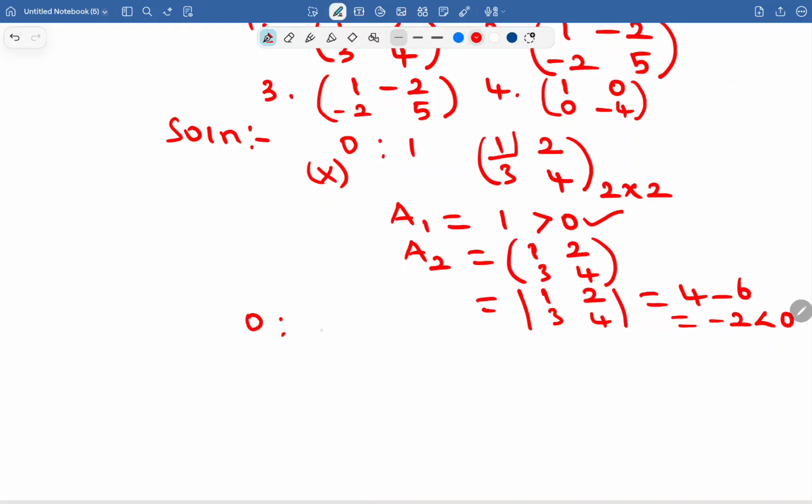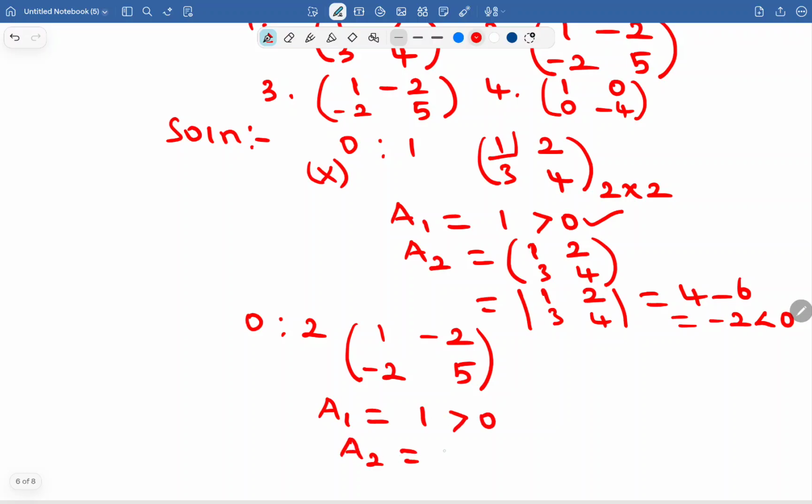Now I am going to check option 2. Option 2, what is given? 1 minus 2 minus 2 5. Find A1, 1 positive.